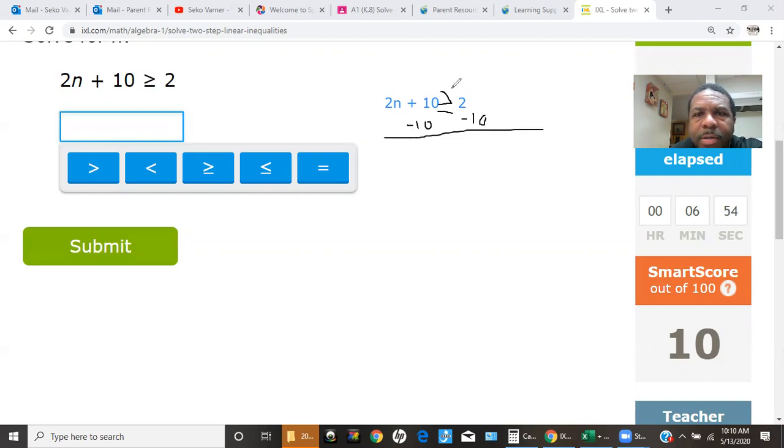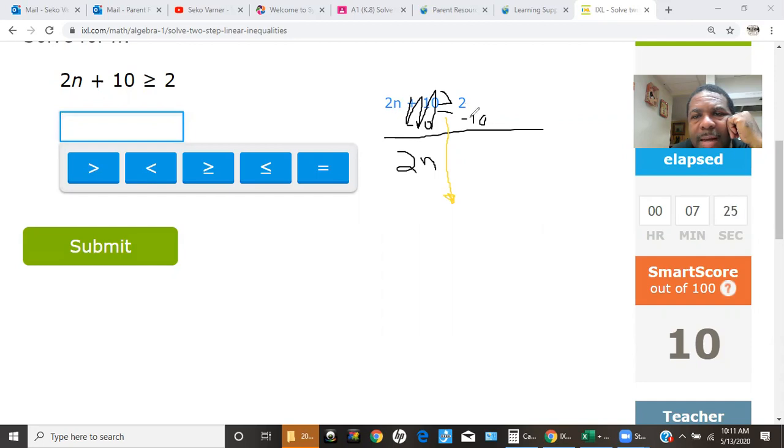Keep in mind, we do have a line right down the middle that continues the greater than or equal to sign. That's going to leave us with 2n, because the positive 10 and the negative 10 equal 0, so they cancel each other out.